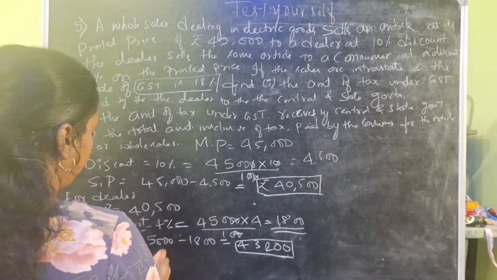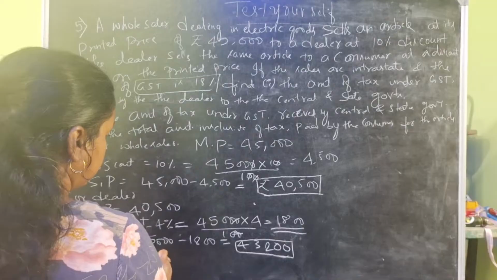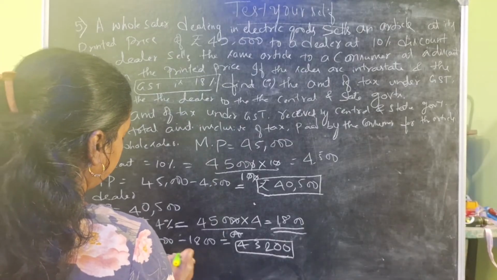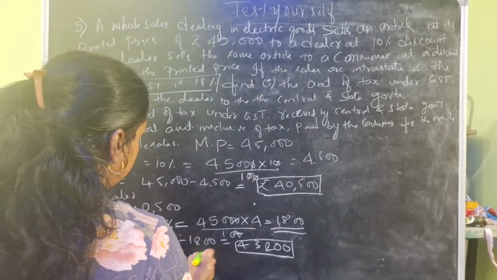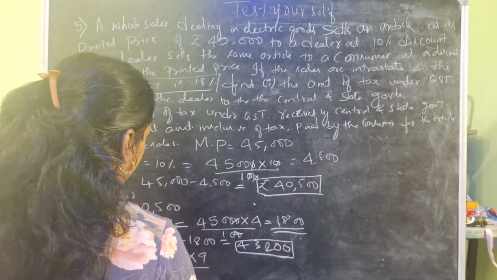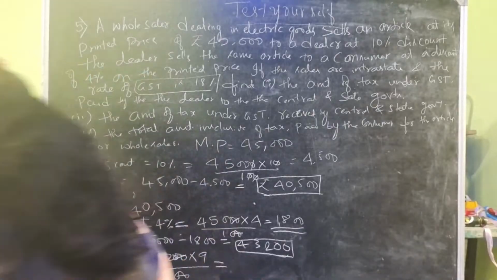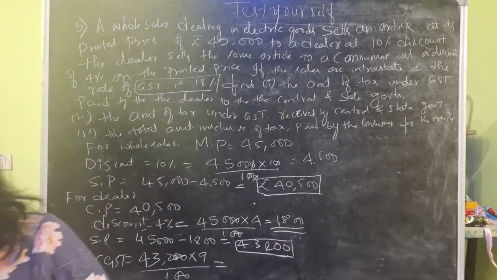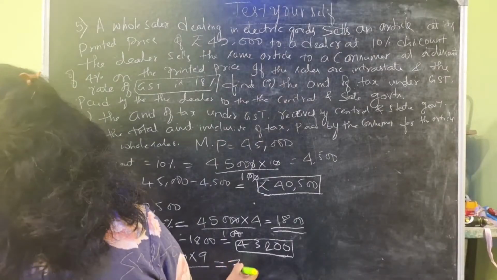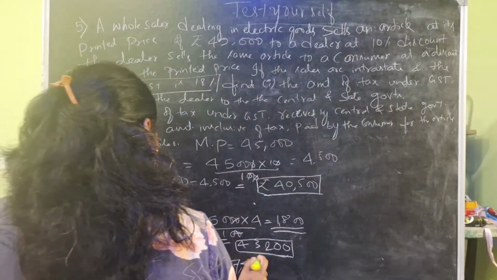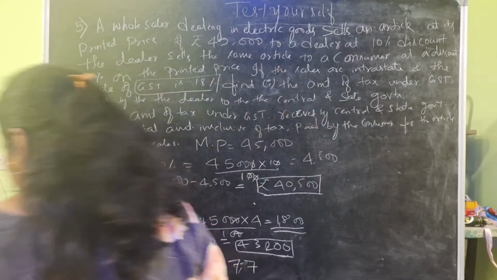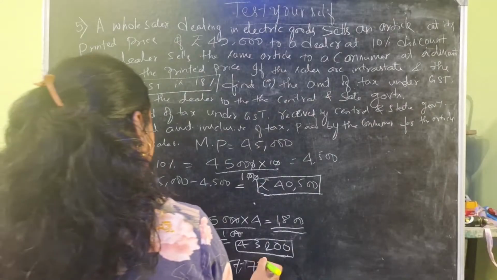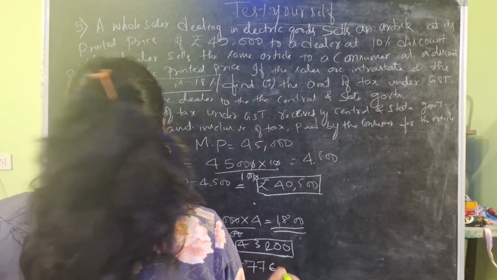That means 43,200 of 9%, which is equal to 7,776.